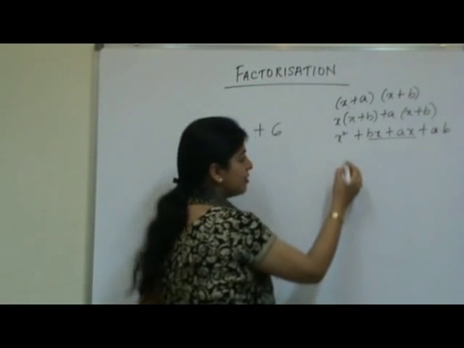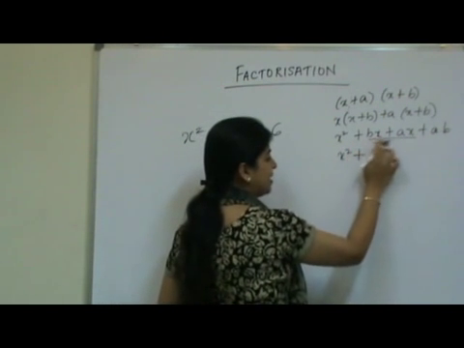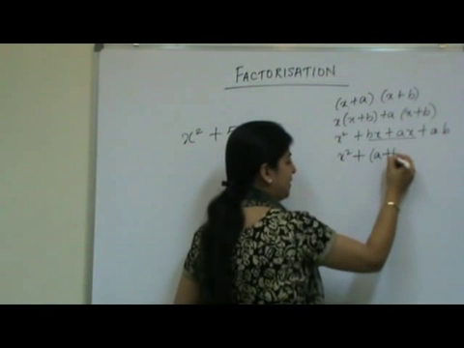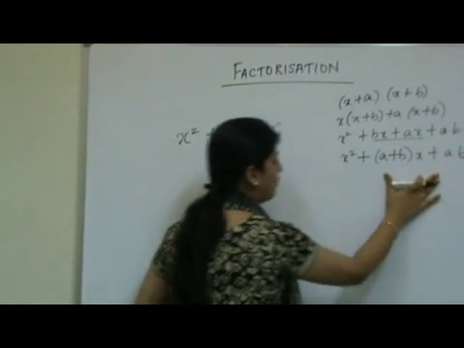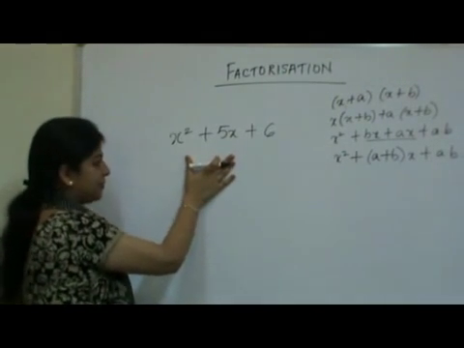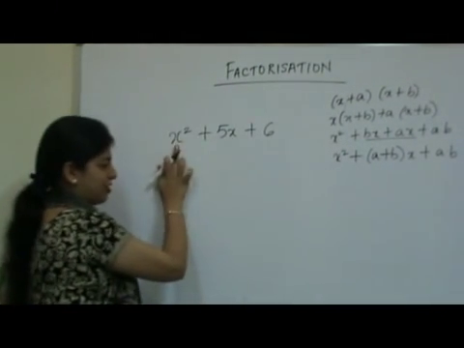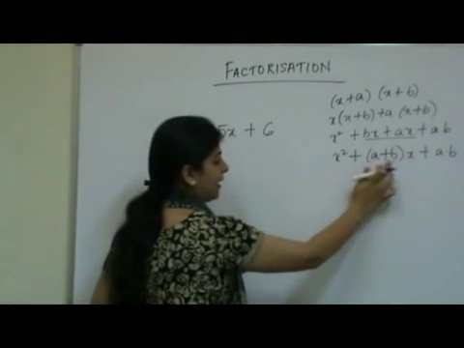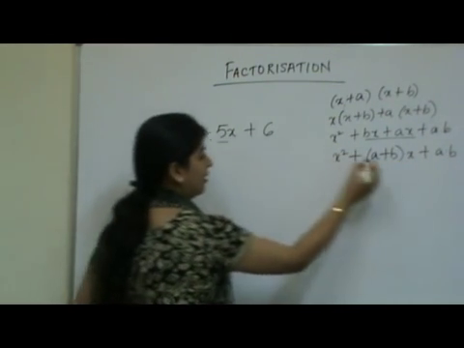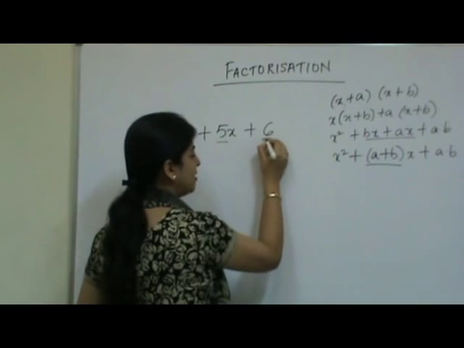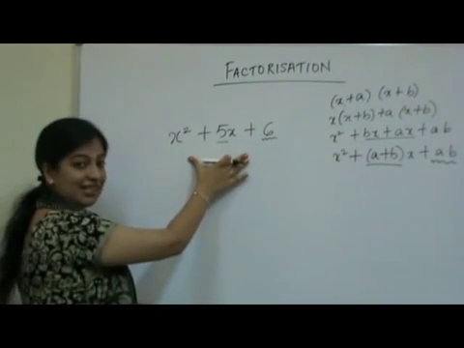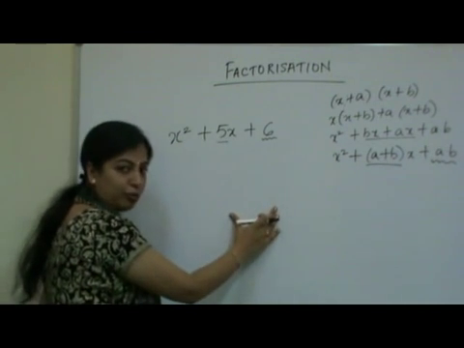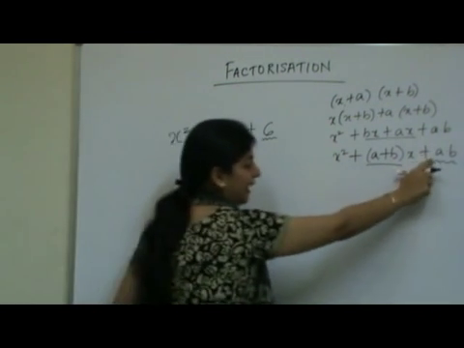These are like terms, so x squared plus (a plus b or b plus a) x plus a into b. Now when we compare this expression and this expression, x squared matches, 5x matches with (a plus b)x, and 6 matches with a into b.